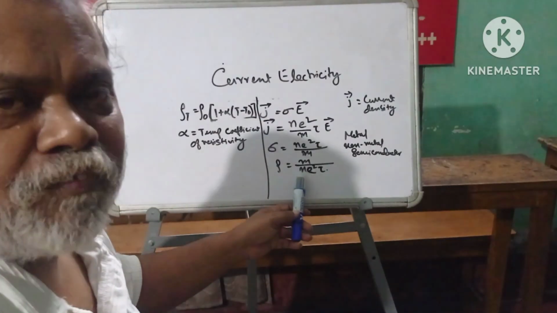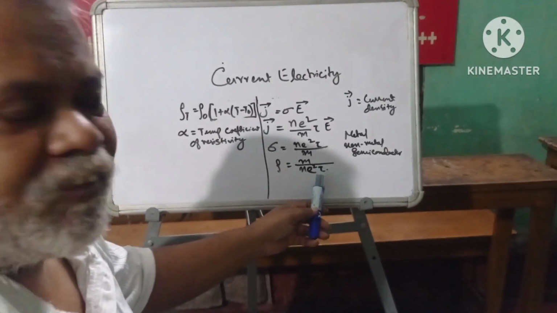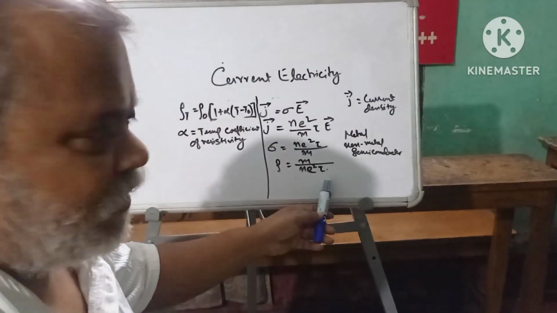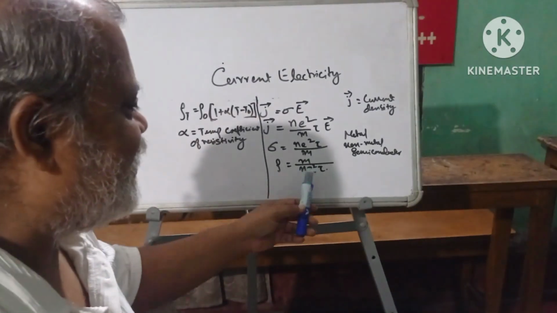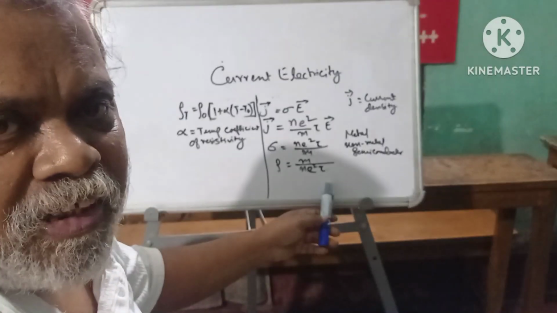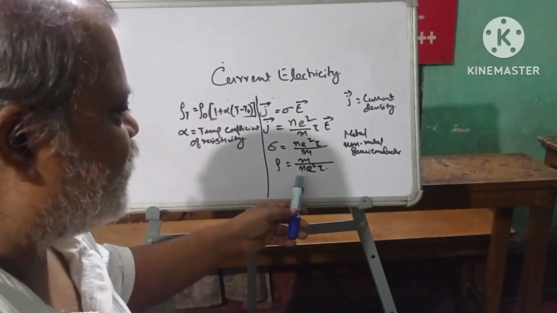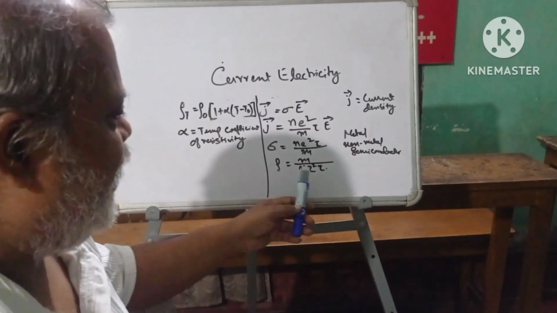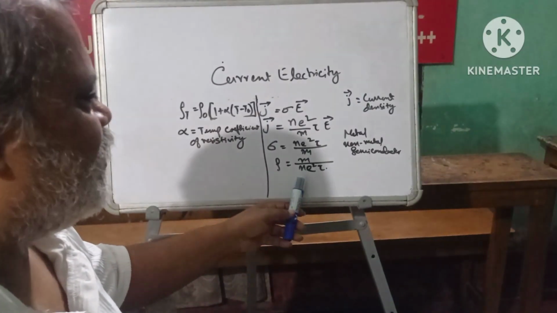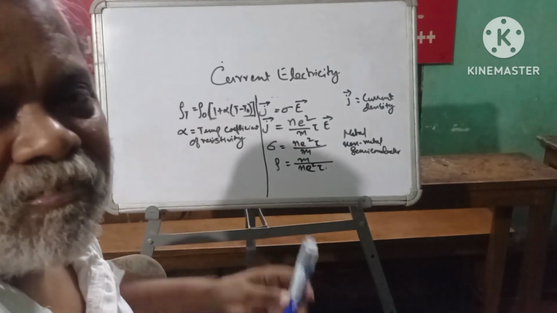So it can easily compensate this effect. Because with rising temperature the number of electrons increases, no doubt the relaxation time decreases, yet this large number of electrons compensates this effect. And since the number of electrons increases, the resistivity of the non-metal decreases.